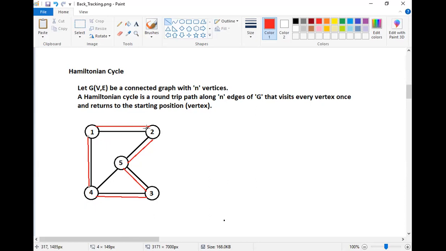So will this particular path, that is 1 to 2, 2 to 5, 5 to 3, 3 to 4, and 4 to 1, make a Hamiltonian cycle now? If you carefully observe what we did, whenever we came across a dead end, we backtracked.